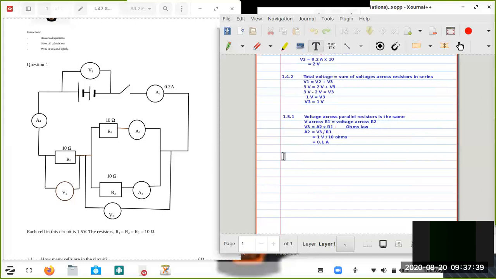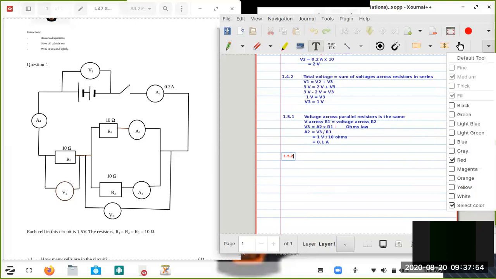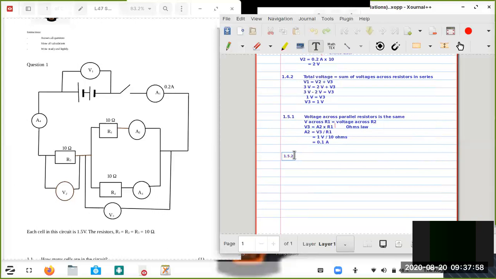Now we are moving on to question number 1.5.2. That's what we are supposed to be dealing with now. Sorry, I have to make use of a blue color, not red. Right, going back to the question.